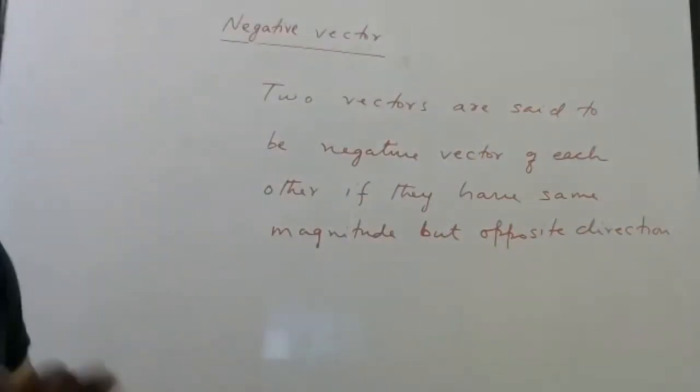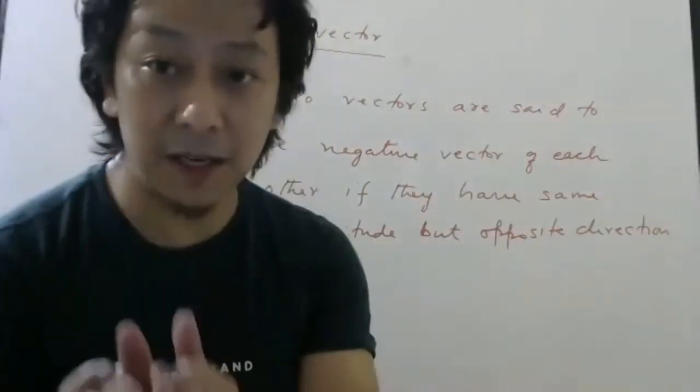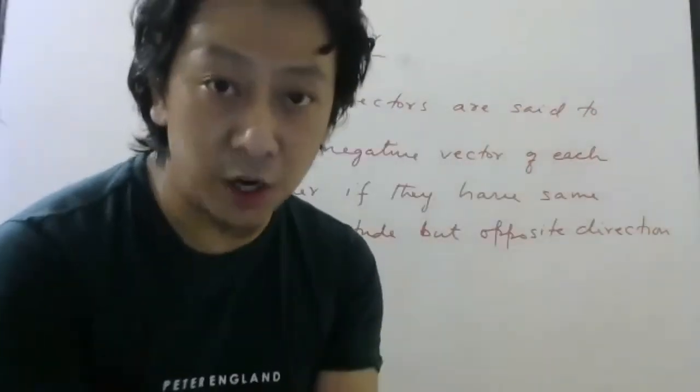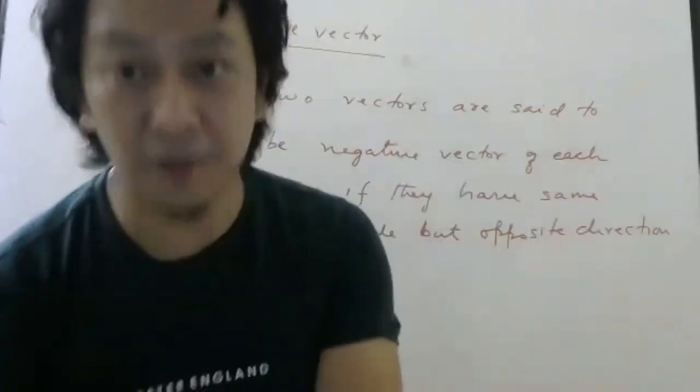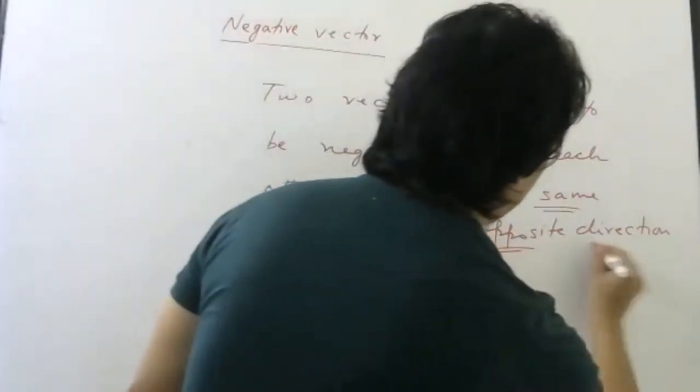So two vectors are said to be negative vector of each other. That means A bar is minus of B bar or B bar is minus of A bar, provided they have same magnitude, but it should be opposite direction.